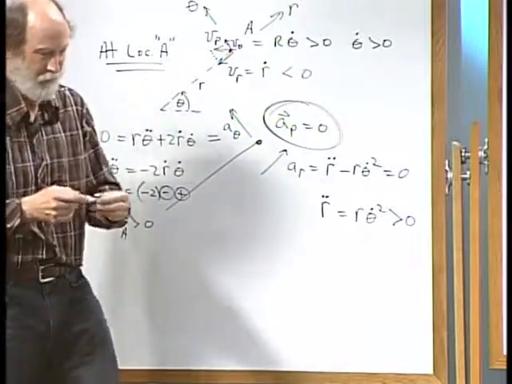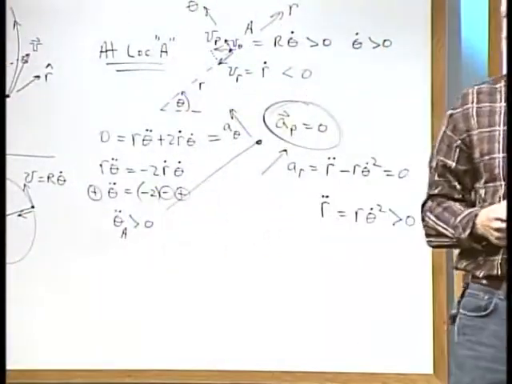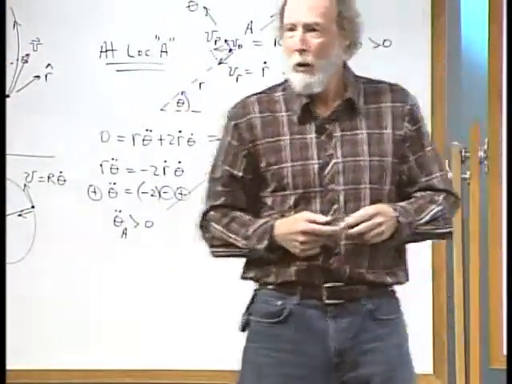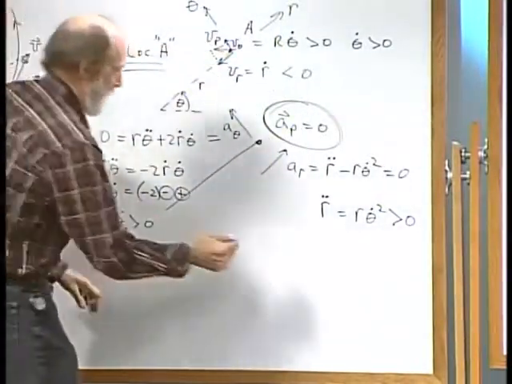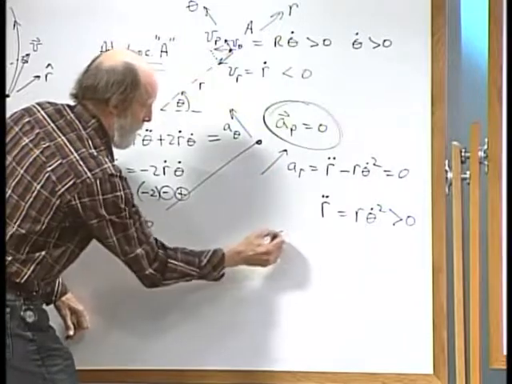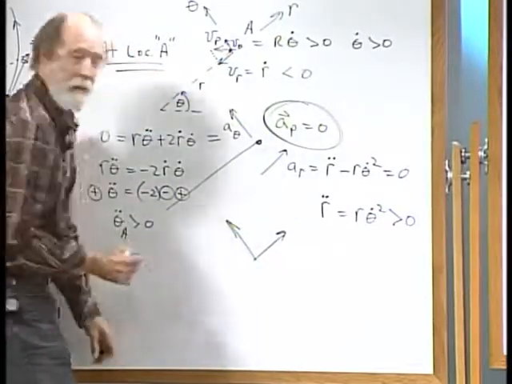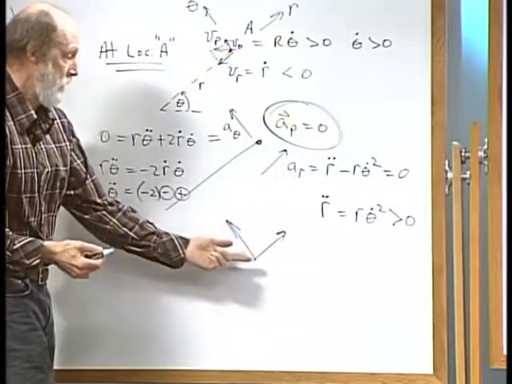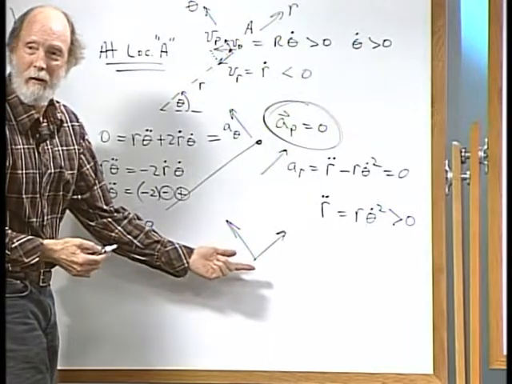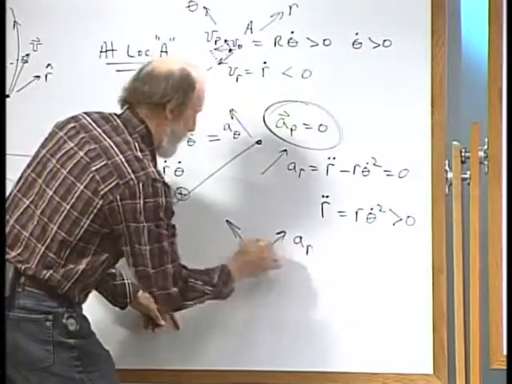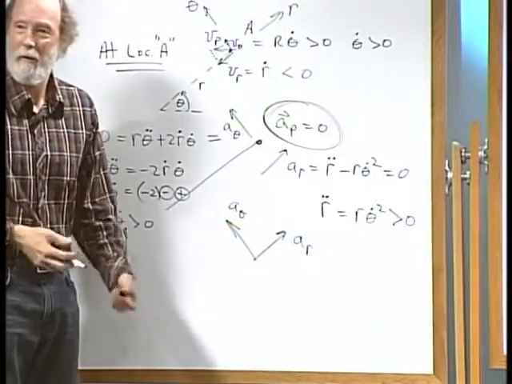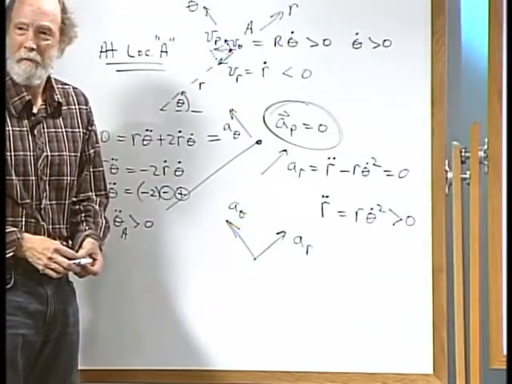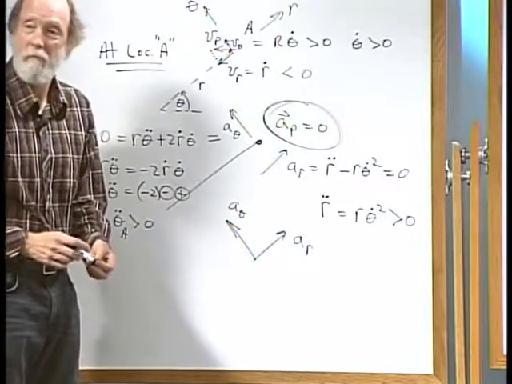Okay, good. Can you explain again why a sub r is 0? Okay, if I have two orthogonal terms, and I tell you that the vector is 0, two orthogonal terms, a sub r and a sub theta, then don't each of those have to be 0? Sum of the two is 0? No, not the sum.